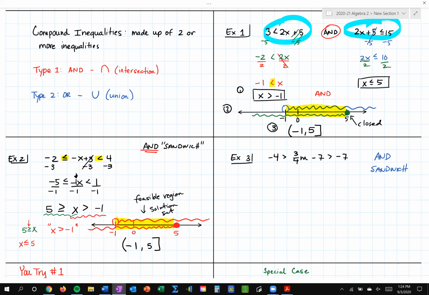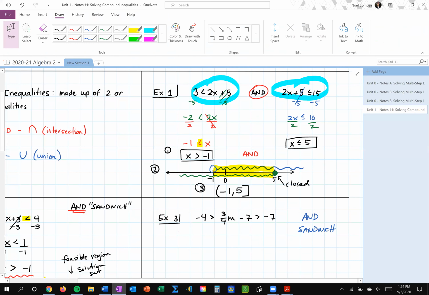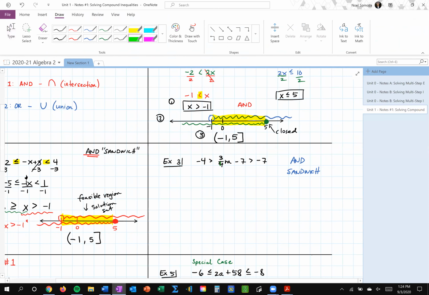Since 4 is the only denominator that we have, then we're going to multiply by that value to everything, right? Okay, so here, I'm going to multiply by 4 to the entire inequality, okay? Left, middle, and right. That's going to help me get rid of that denominator.